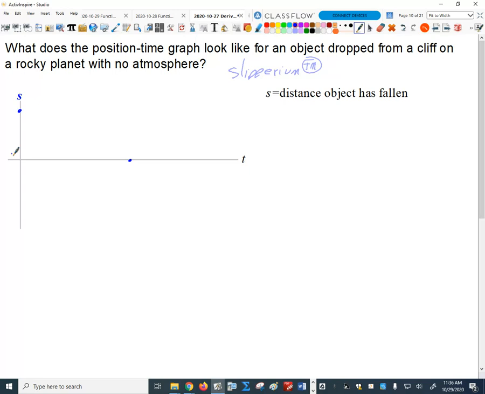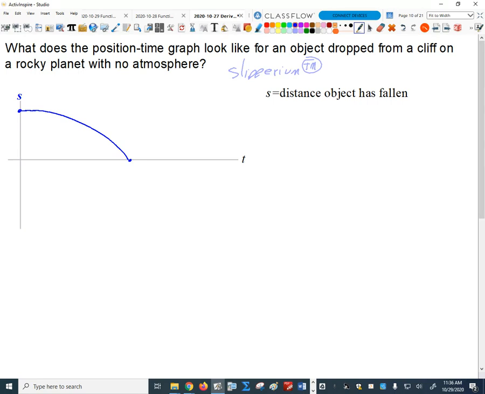Because as time progresses, it's not changing its position very much, is it? It's just doing something like that, and it's picking up speed, and now it's starting to cover more ground per increment of time. Does that make sense? So if we're looking at position versus time, that's what maybe it looks like? Everybody agree?